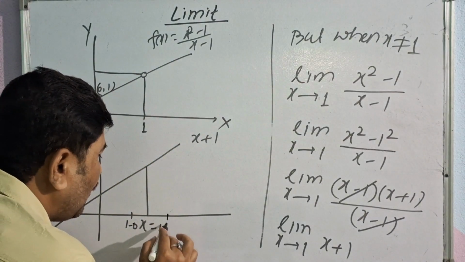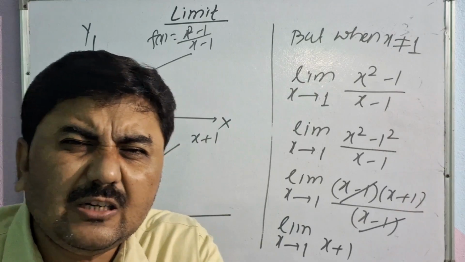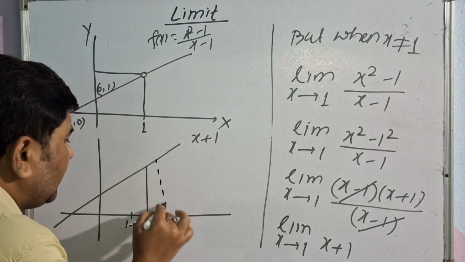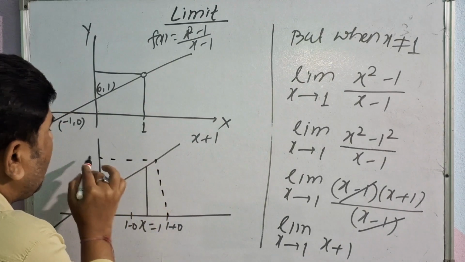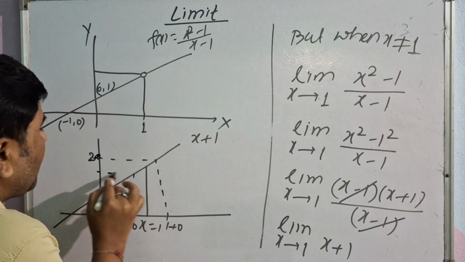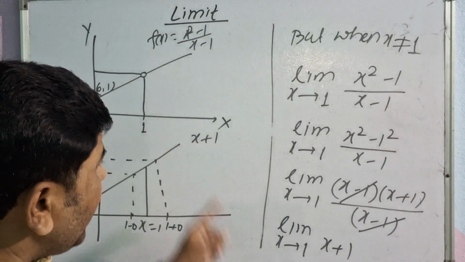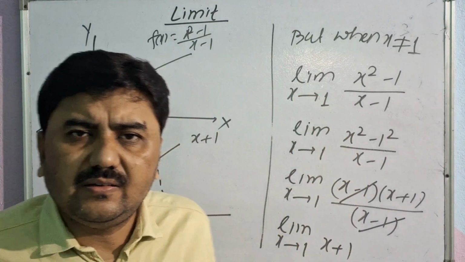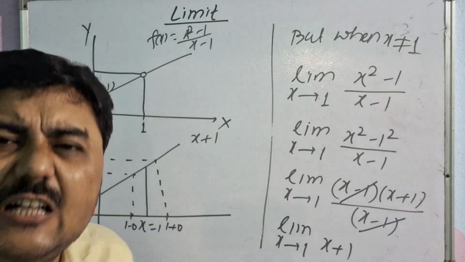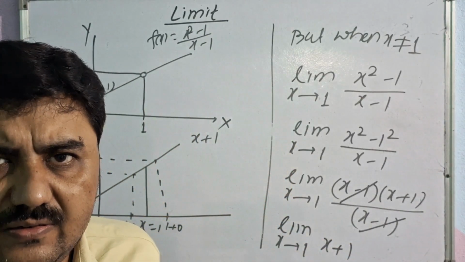Another is 1 plus 0, that is infinitesimally greater than 1. And after that, this value gives approximately 2 plus 0, that is approximately 2 minus 0. Means, when all other methods are not applicable to define any algebraic expression, then limit is a bypass method.